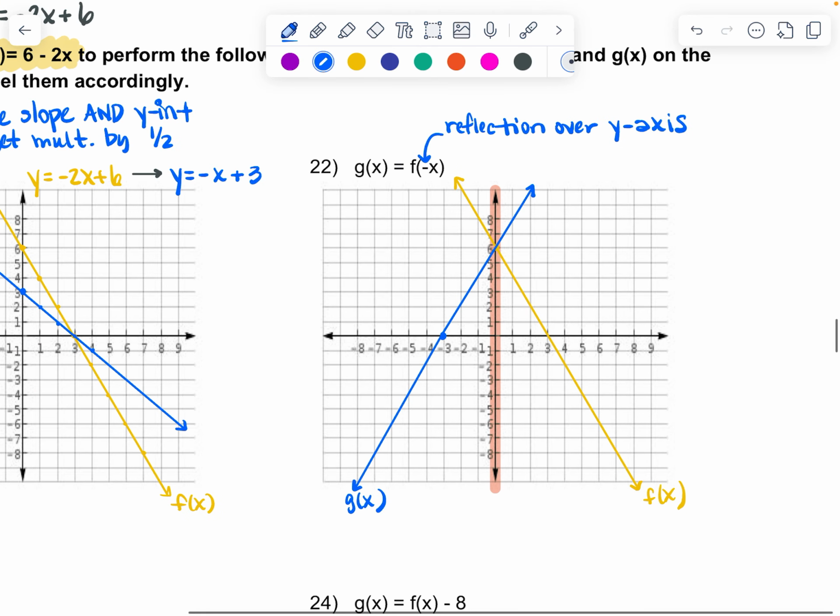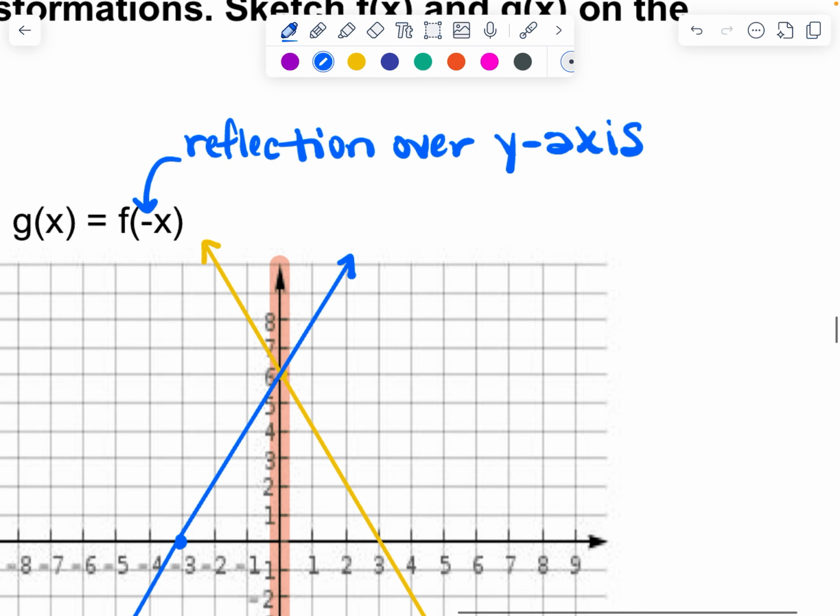Now, if that freaks you out because you're like, maybe I don't know how to reflect things properly, that's okay. Remember, what that actually means is the slope gets multiplied by -1. Only the slope, because it's only in there with the x. So if a number is trapped inside with the x, it's only affecting the x value, which is technically the slope because the m is the coefficient on the x.